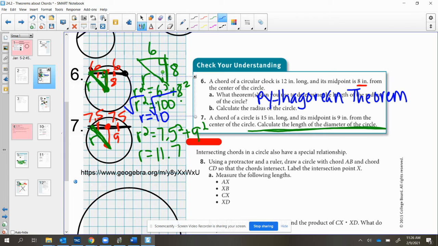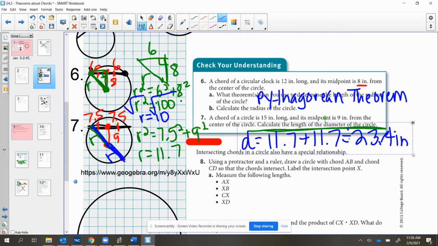So not just the radius from here to here, but we need to double that value to get the diameter, right? Because the 11.7 plus 11.7 would give us the entire diameter. So again, our diameter is going to be the 2 radii added together for a total of about 23.4 inches.